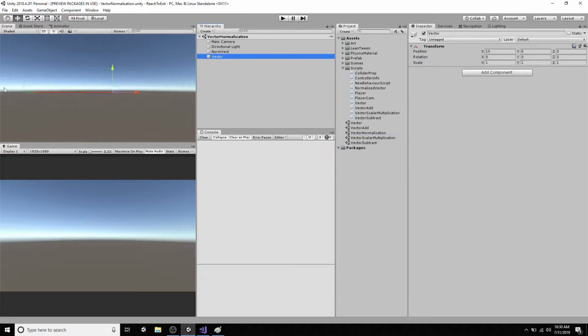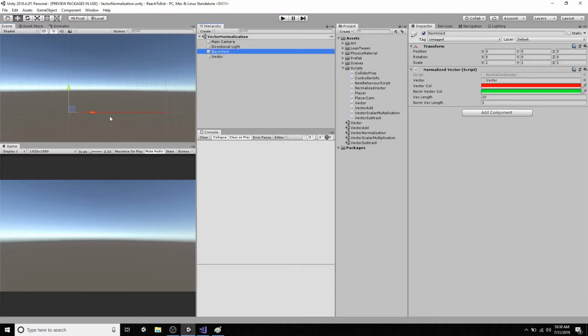So here also we have a vector. This is a vector where its start point is here and the end point is here at 10, 0, 0. Now initially I said a vector doesn't have position, it has direction and magnitude. In this case, this red vector's length is 10, and when we say normalized vector, basically it will give you the direction.